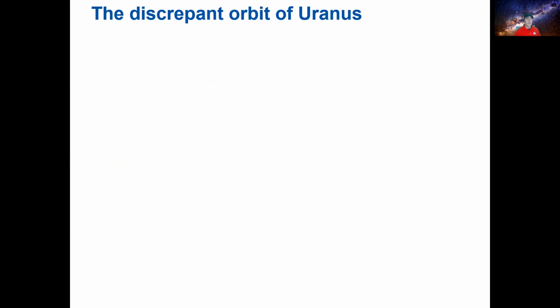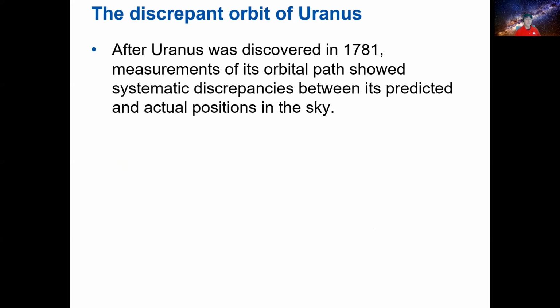One classic case of long-range perturbations was the discovery of Neptune based exclusively on orbital perturbations on Uranus. After Uranus was discovered in 1781, measurements of its orbital path showed systematic discrepancies between its predicted and actual position in the sky.